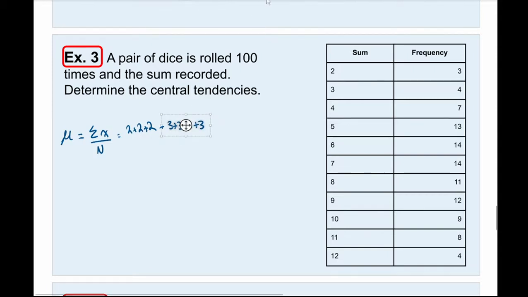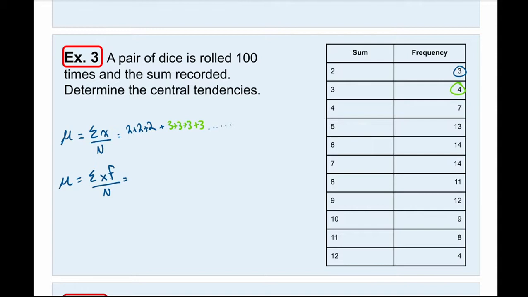Because again, if we kind of color code this, 2 came up 3 times, 3 came up 4 times, and so on. To make this a little bit easier on ourselves, I can still find the mean, but it's going to be the sum of x times the frequency divided by the total number.